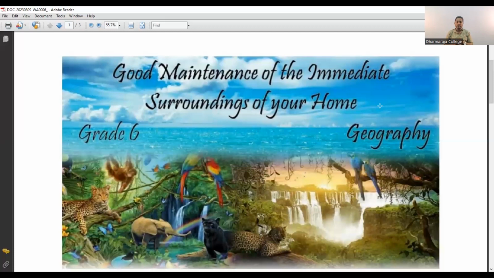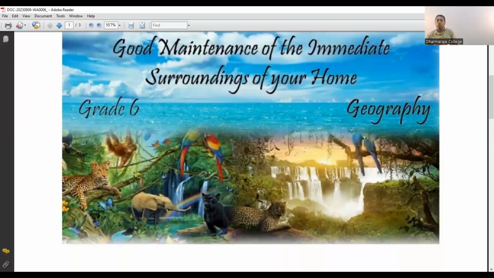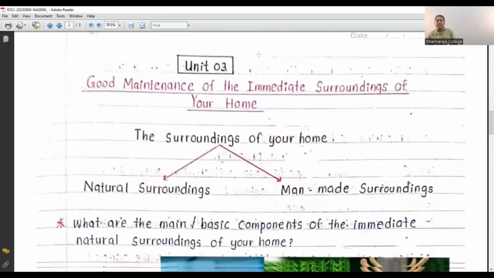But they have roads, factories, buildings, playgrounds, and parks. They also have some different things. So whatever the area you live in, it is your surroundings. Now I am going to start the lesson with you.